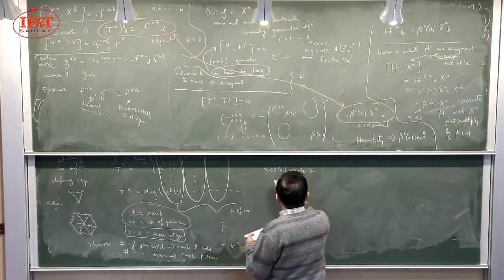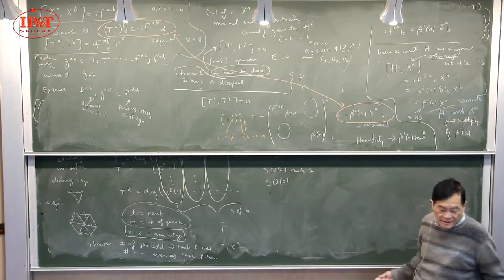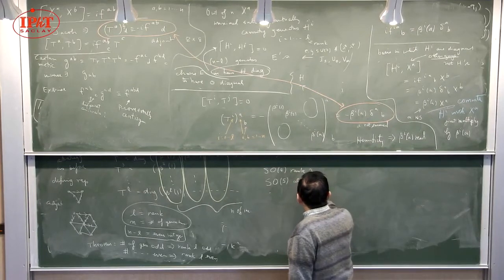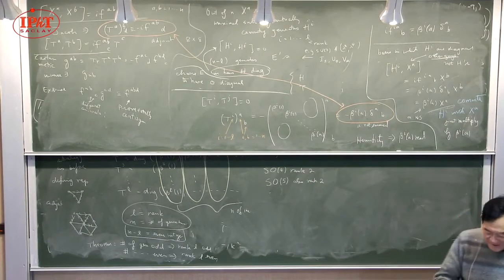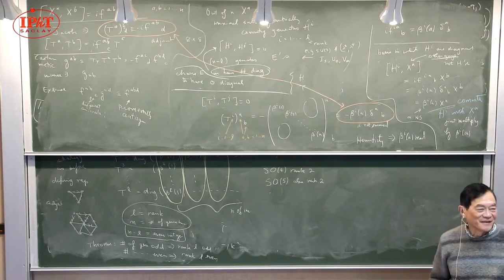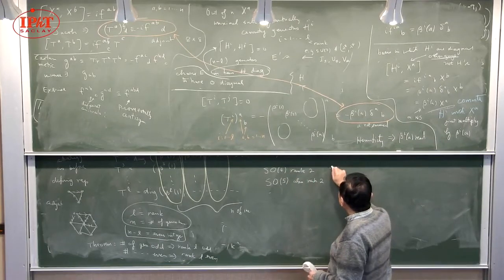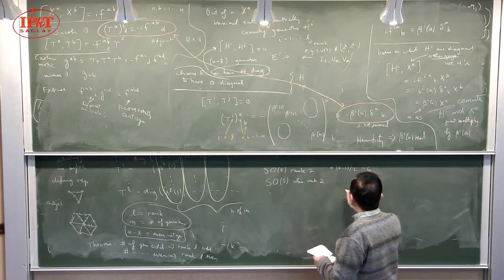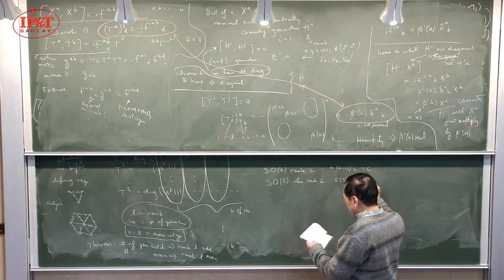So last time we discovered the following interesting thing: SO(4) is a rank 2 algebra, and SO(5) is obviously a larger algebra than SO(4), obviously containing SO(4) as a subalgebra. It's also rank 2. So unlike human society, the bigger guy does not necessarily rank higher. Although it contains the other, it's still the same rank. SO(4) has 4 times 3 over 2, which is 6 generators, and SO(5) has 5 times 4 over 2, which is 10 generators.